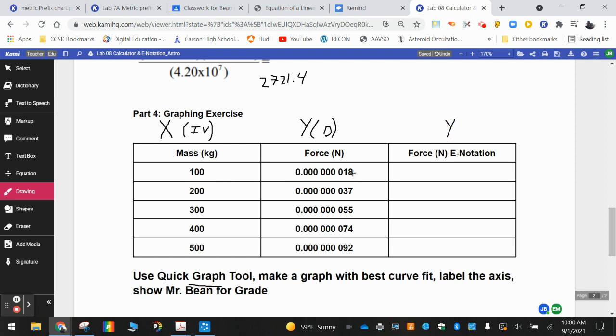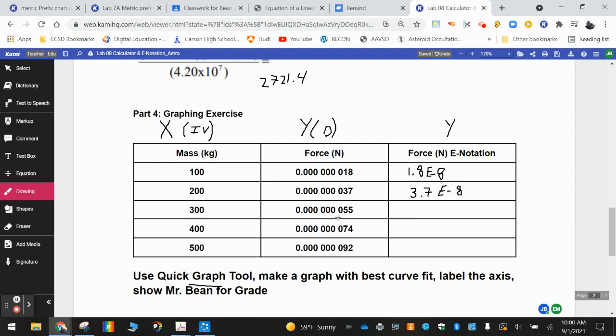So what's this in E notation here? 6, 8, 1.8. So this is going to be 3.68, E minus 8. Yeah, negative E8. Good. Let's try this one here. This is 3.678, 3.7. Was it E minus 8?